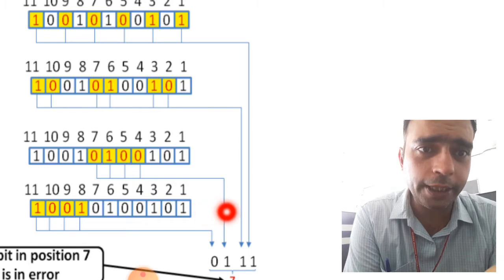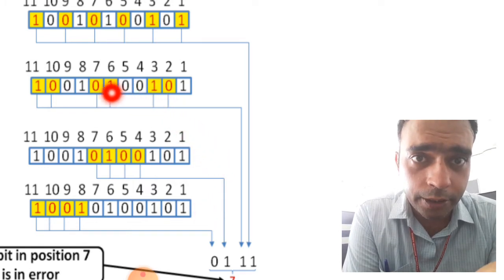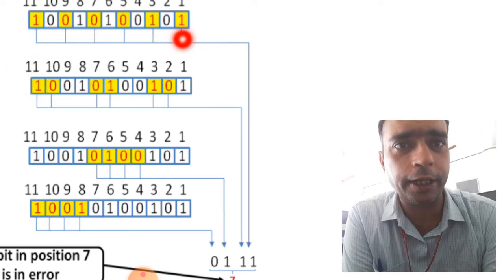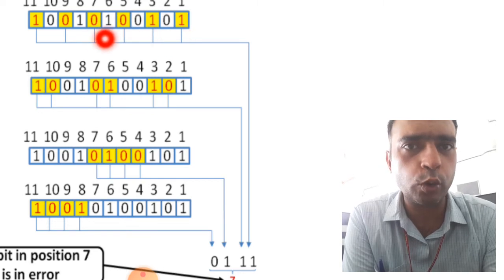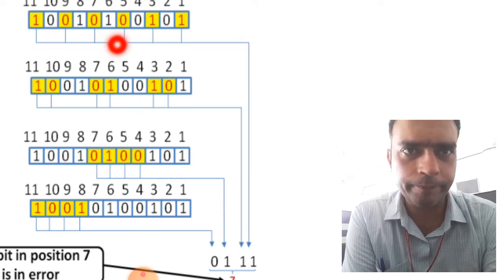So how we are getting 0 and 1, that we have to see here. So here we can see the bits taken care of. The total number of 1s is 3 and 0s is 3, right.